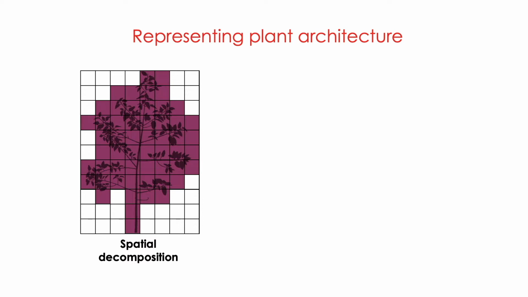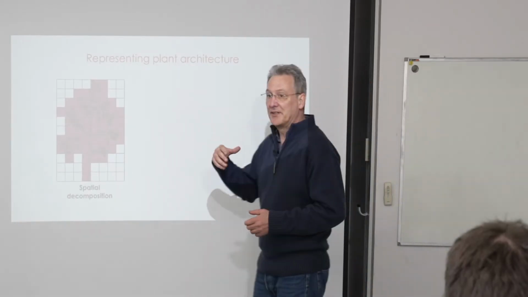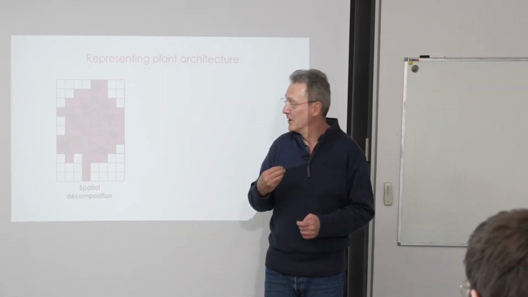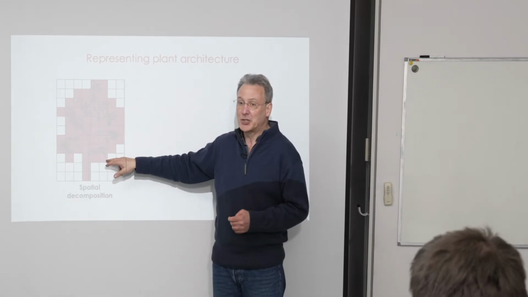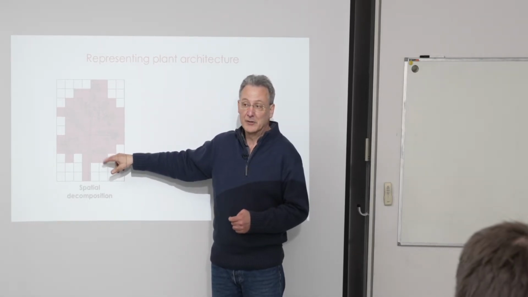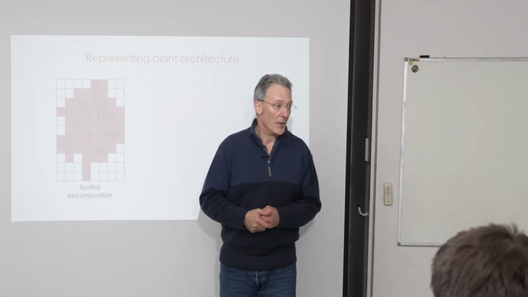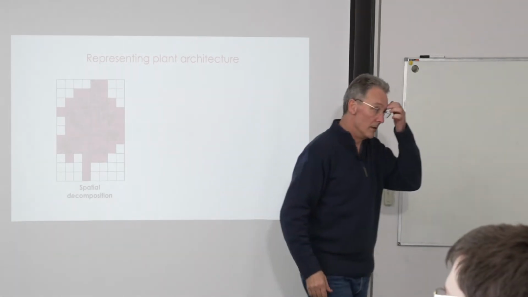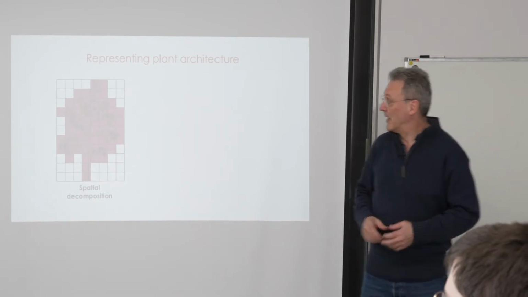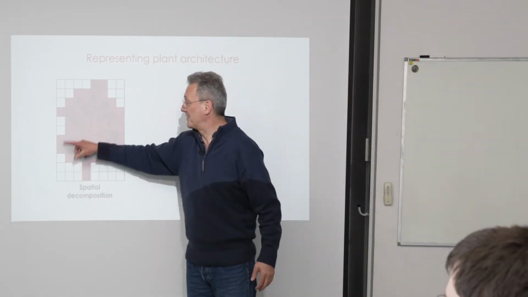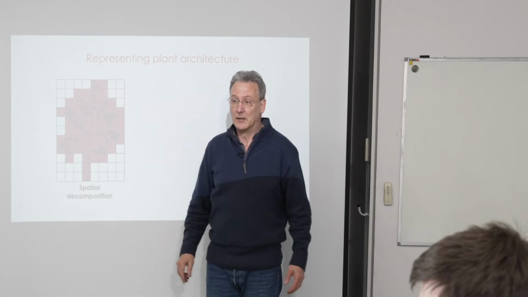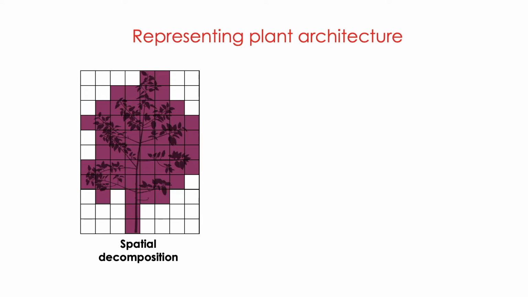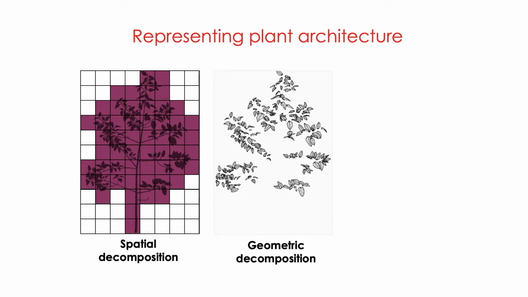And then you say, my structure is actually the grid representing my space, where I consider that each square or voxel that intercepts a vegetal element is a vegetal pixel or voxel. And then my plant is represented by this set of voxels corresponding to the vegetal elements.